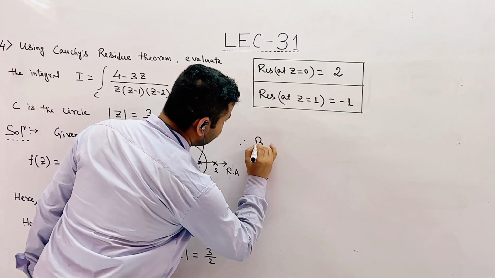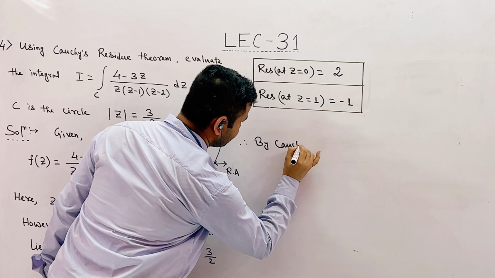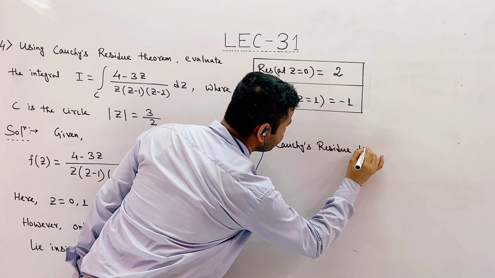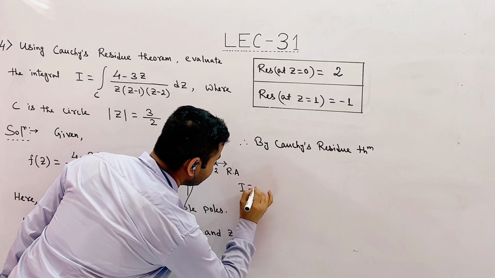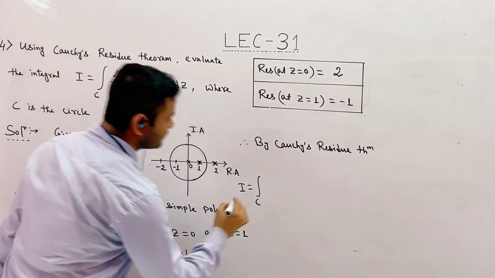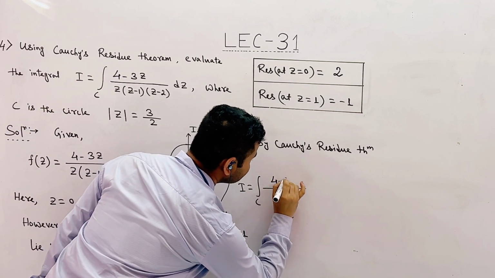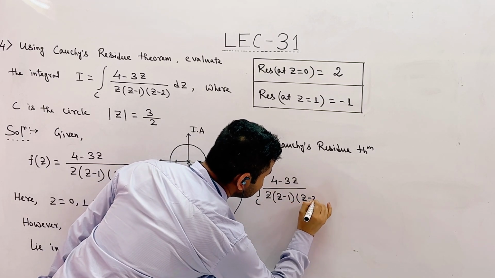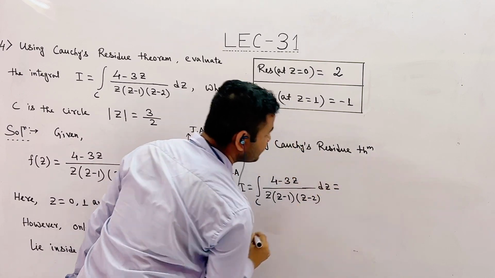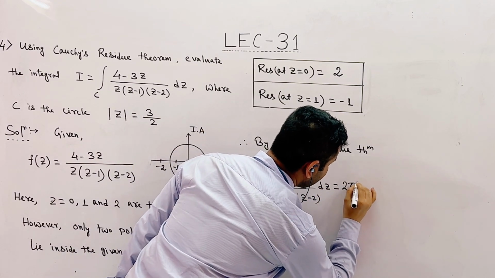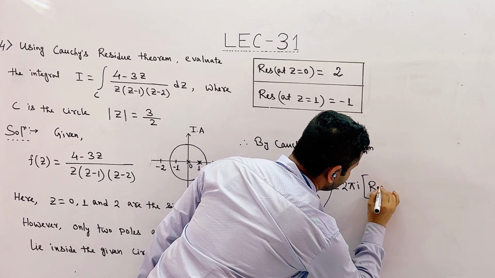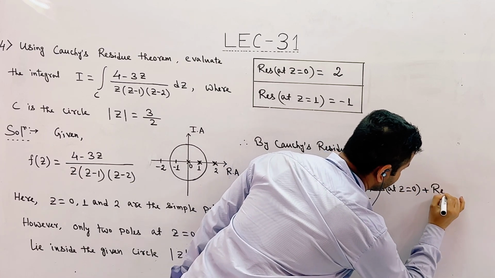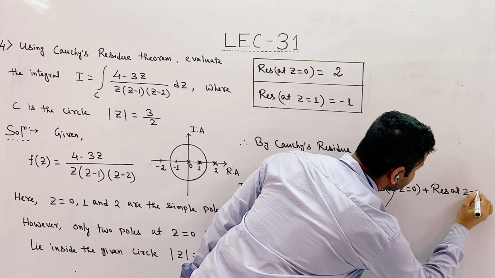So therefore by Cauchy's residue theorem, integration along curve C of (4 minus 3z) divided by z into (z minus 1) into (z minus 2) dz is equal to 2 pi iota into (residue at z equal to 0 plus residue at z equal to 1).